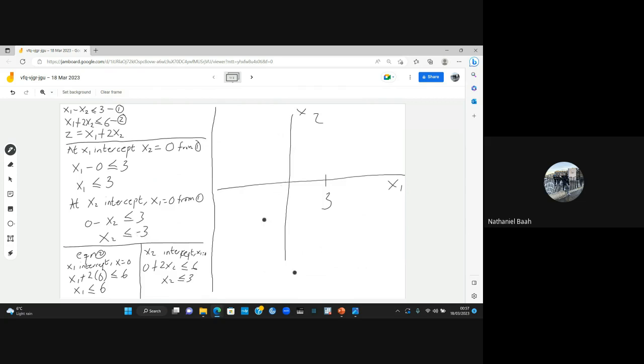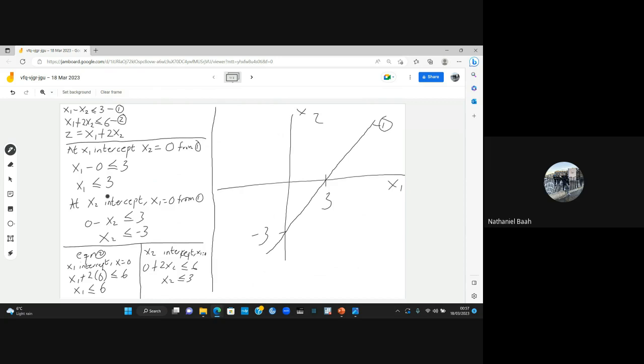So we had x2 to be equal to negative 3. So say this is my negative 3. So what I will do right now is to draw a straight line to pass through these points. Good. So this is my equation 1. That is x1 minus x2 less than or equal to 3.